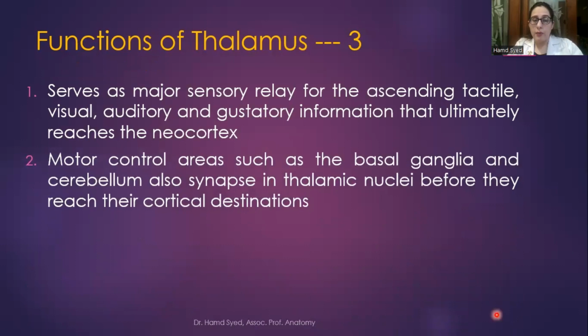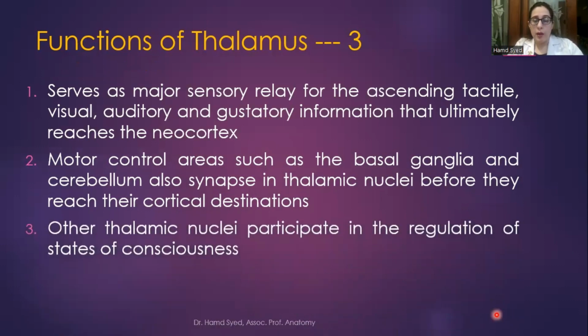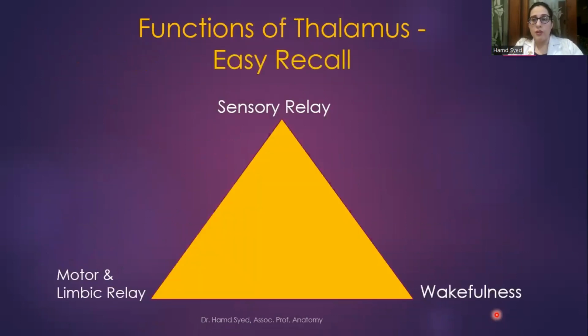Second, you could see that the motor control areas such as basal ganglia and cerebellum, they also synapse in thalamic nuclei before they reach their cortical destinations. Other thalamic nuclei, they participate in regulation of the states of consciousness. So these are the three basic functions of the thalamus that you can see over here.